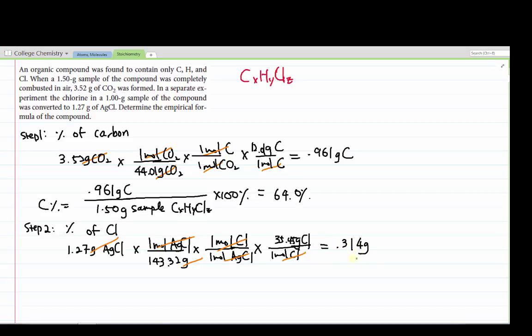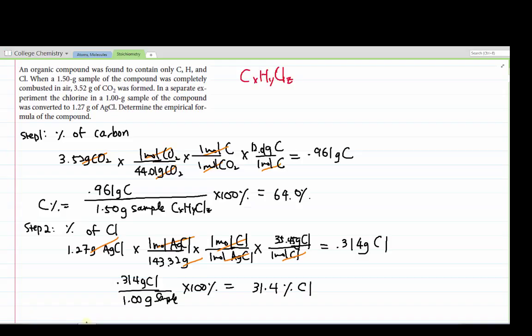That much chlorine makes up 1.00 grams of our sample. When you multiply this by 100%, you get 31.4% of chlorine in the sample.